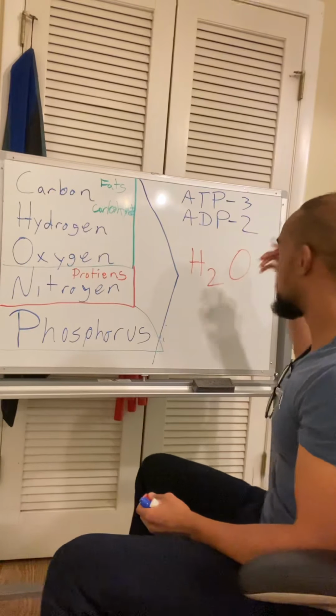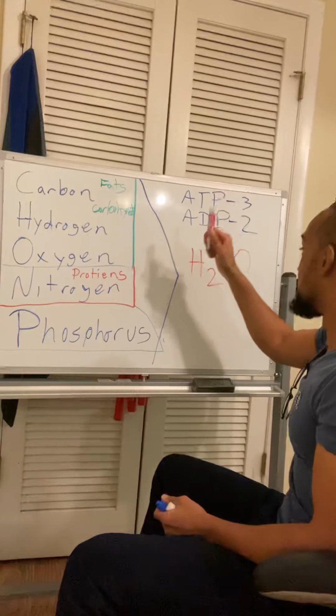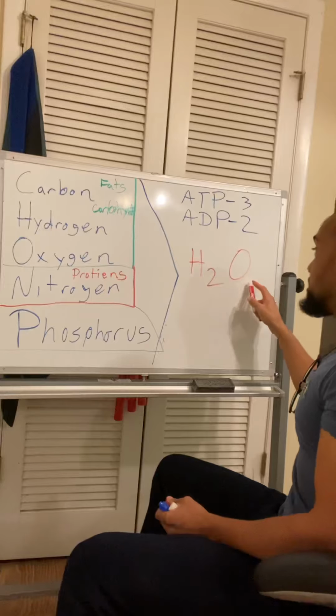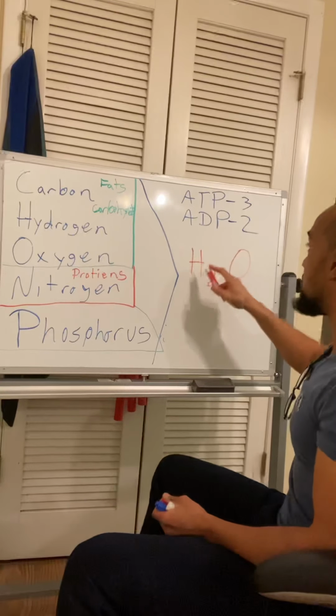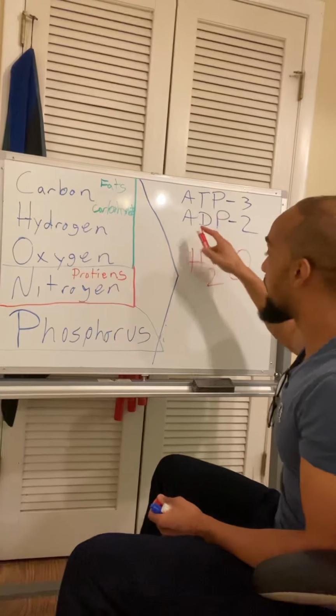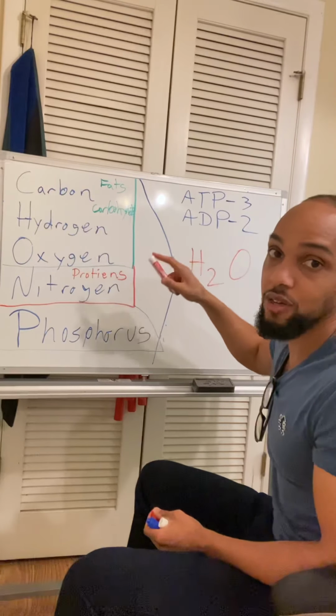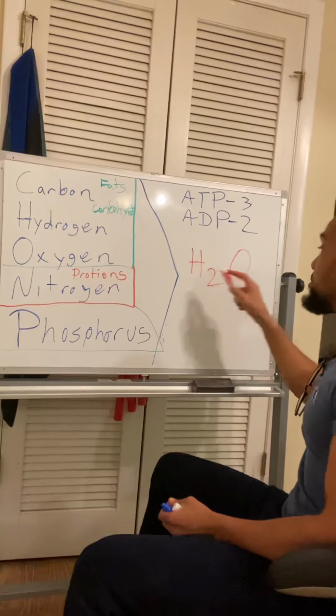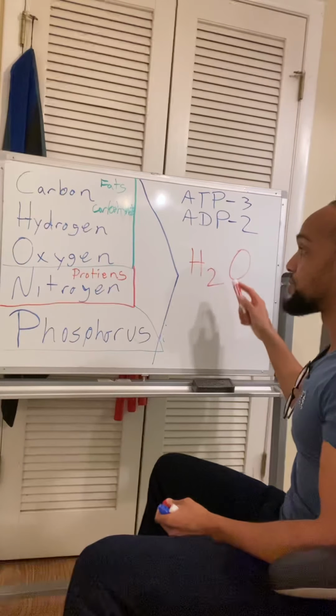So that's what makes water. And the reason why I'm stating this is because this is going to make sense of ATP, ADP, and DNA, because they have a similar numbering system as this H2O compound right here.